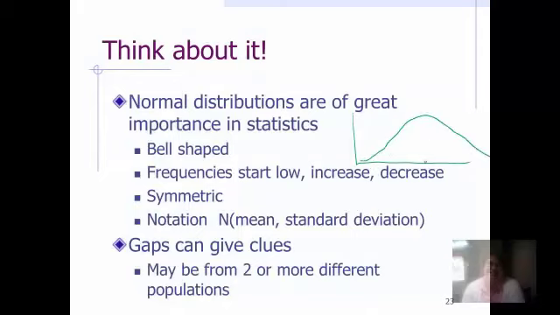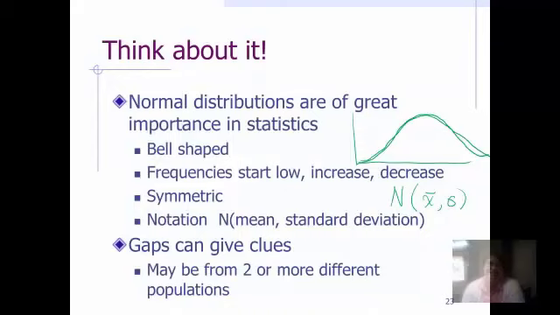It's symmetrical, and again we have the curve: curves in, curves out, curves in again at the end. There is a special notation. A capital N stands for normal distribution, and the first number is the mean, and the second number is the standard deviation. We'll talk more about these symbols in the next chapter.